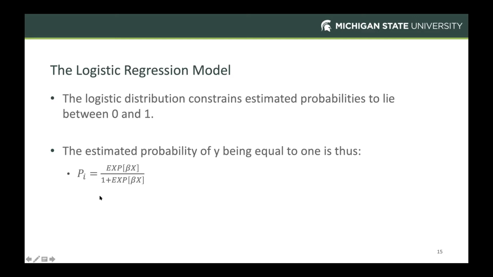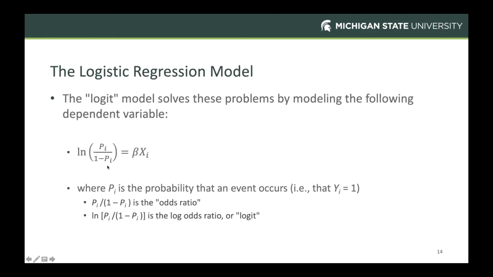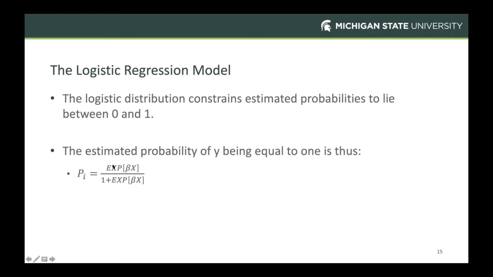So we take that linear function on the right-hand side on the preceding slide. So the exponential of beta x divided by 1 plus the exponential of beta x gives us that probability back, okay? And so just to refresh where that's coming from exactly. So we're exponentiating both sides of that equation.